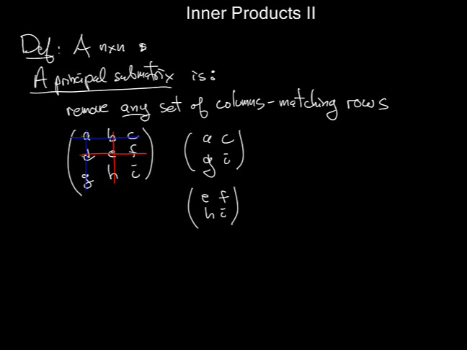And a third possibility is you could remove the first two columns and the first two rows, which leaves this matrix I. So those are the examples of the principal submatrices of a given matrix. And the condition is that all of those determinants have to be bigger than or equal to 0.